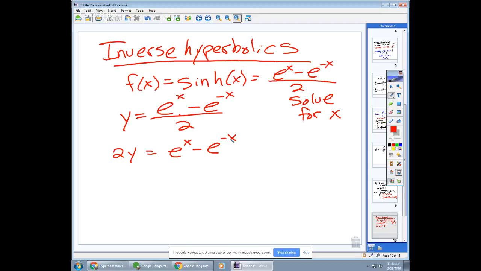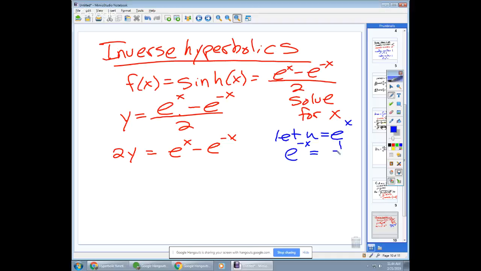Okay. So I'm going to do a little substitution here. I'm going to let u equal e to the x. Well, guess what e to the negative x would then be? No derivatives here. What does negative exponent mean? It means flip it.